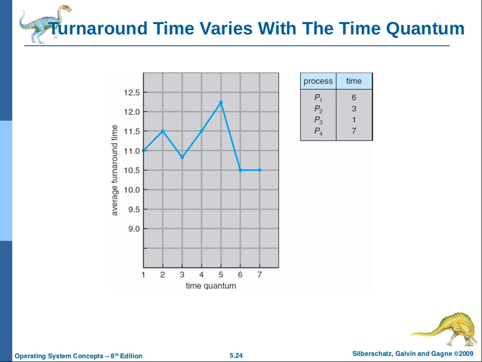That's why usually 10 to 100 milliseconds is what people use. Why wouldn't you want it to be over 100 milliseconds? Because then people would start to notice. If you hit a key and it took half a second to show up on your screen, people might start noticing that.